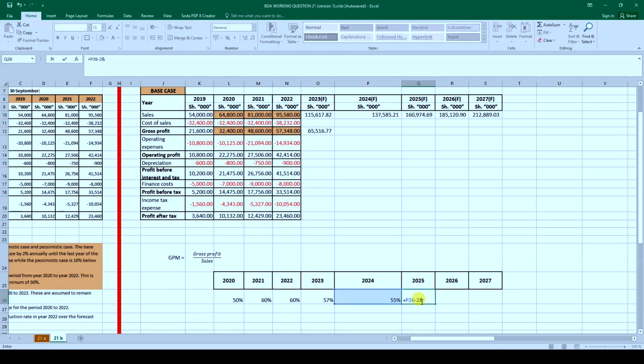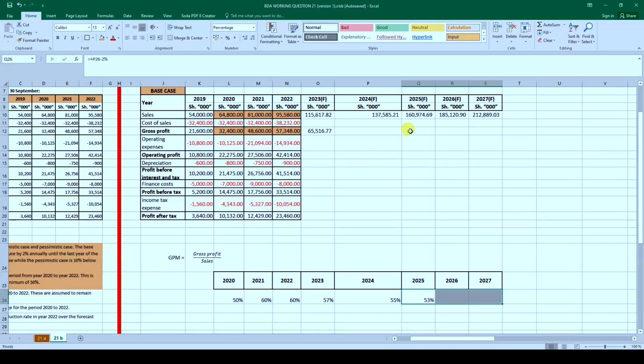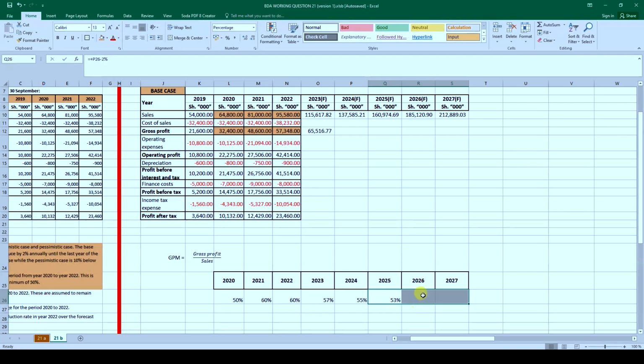And because these others don't have 2 decimal places, I try and reduce the decimal places. First of all, I double click over here because the cell did not pick in 2 decimal places. I highlight, use format painter, and then I format it. No decimal place, sorry.